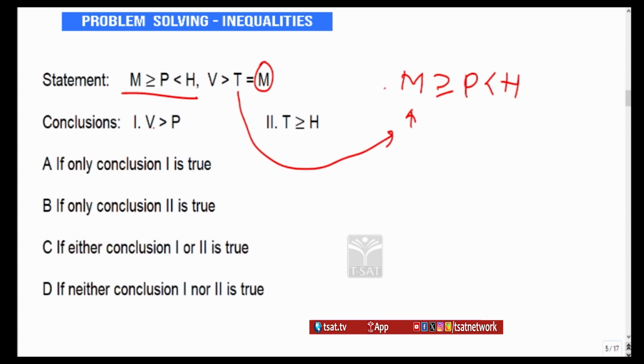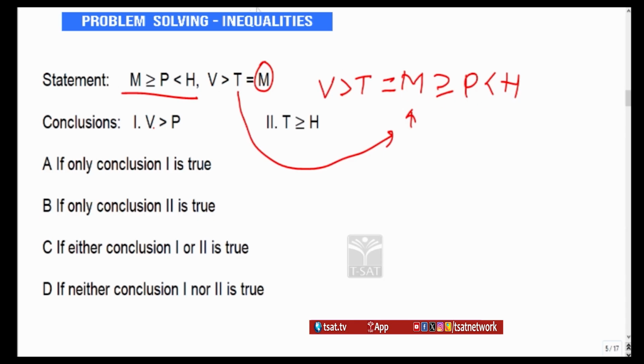M is equal to T. So write down here, M is equal to T. Another one is T is less than V. So T is less than V. See here, T is less than V. Here also T is less than V. So I am just converting two statements into a single statement to get the answer fast.